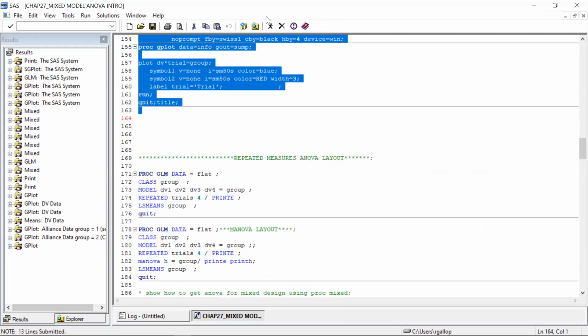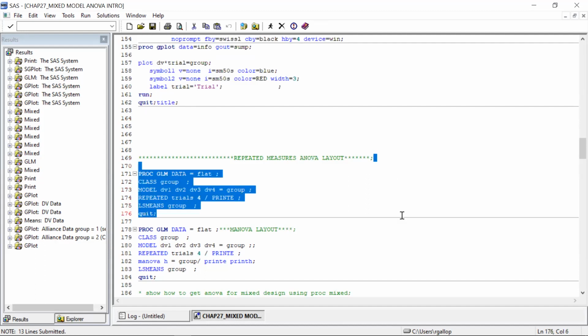Now, for those of you who will see repeated measures ANOVA performed in PROC GLM, on line 173 we're putting the repeated measures.